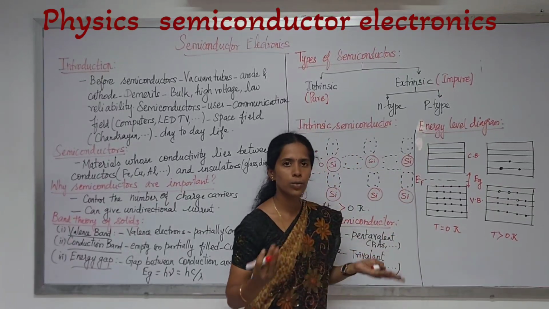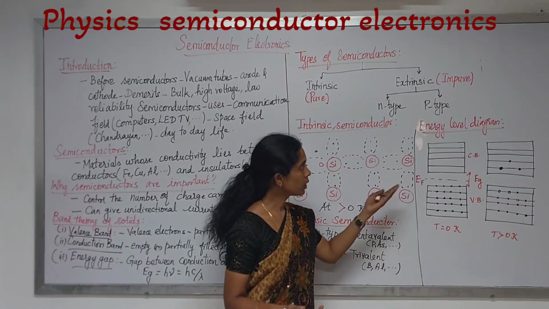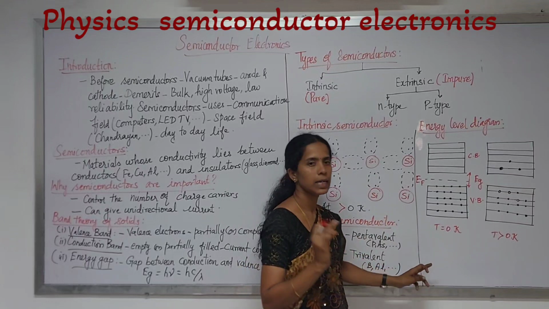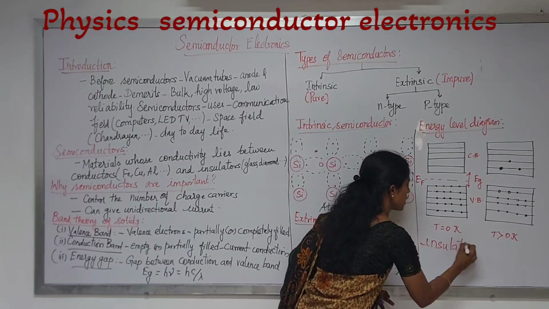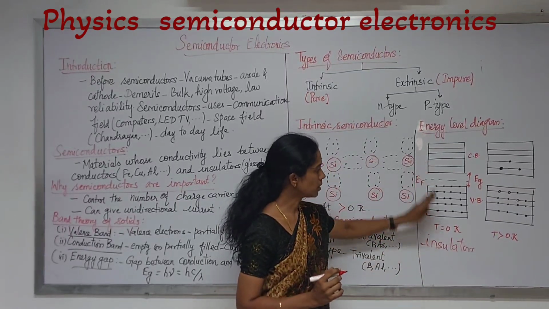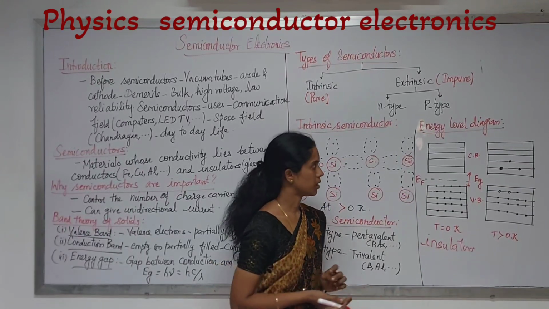With no electrons in the conduction band, there is no possibility of current conduction. So the semiconductor acts as an insulator at 0 Kelvin, a non-conducting material.